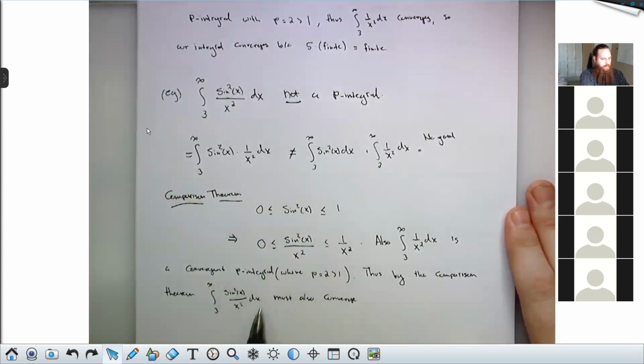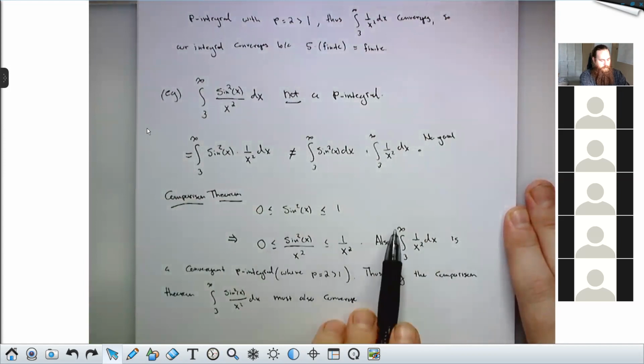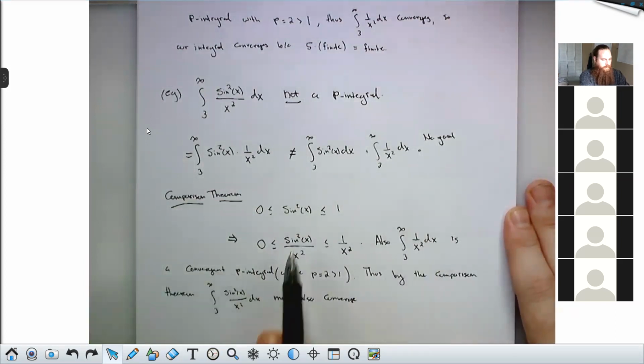Because this integral is smaller than this integral, because this function is smaller than this function. Since my function is smaller than 1 over x squared, and the integral from 3 to infinity of 1 over x squared is convergent, the integral of sine squared x over x squared must also be convergent.